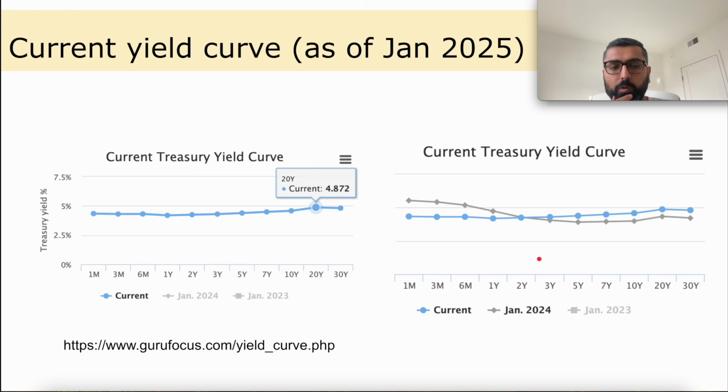Yeah. So you can look at the yield curve data, and I have this really handy website, gurufocus.com/yield curve. They've done a lot of analysis about this data, about not just the United States, this is the United States yield curve that I'm presenting, but across different countries and different spreads between long versus short, and how some of these inverted yield curves at different points were able to predict recessions.